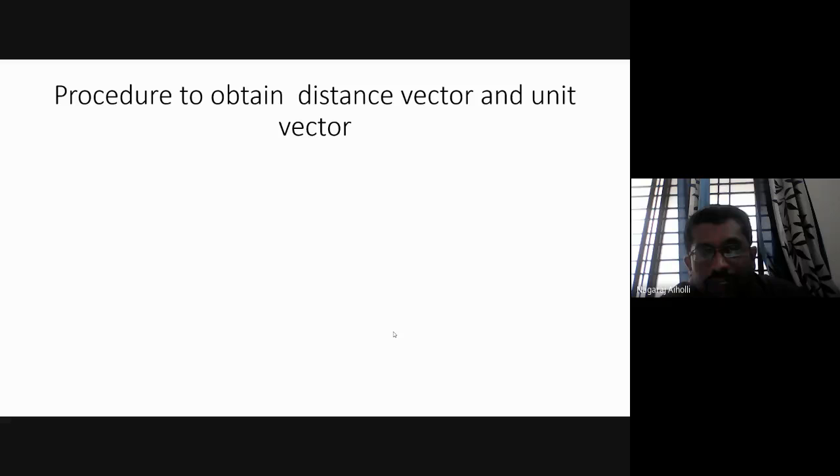So the distance vector is found like this. First we find the P vector, then we write the Q vector, then we subtract the P vector from the Q vector, that is Q minus P. That gives us (x2 minus x1) ax bar plus (y2 minus y1) ay bar plus (z2 minus z1) az bar.